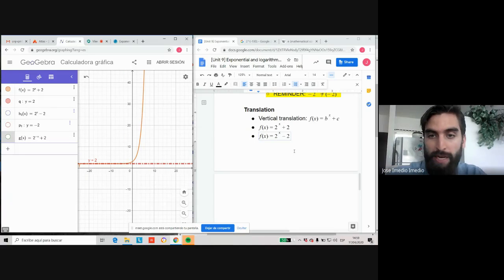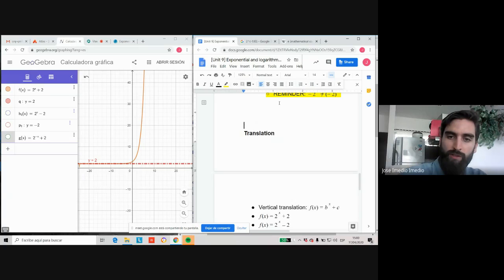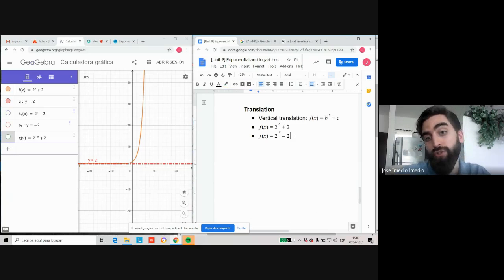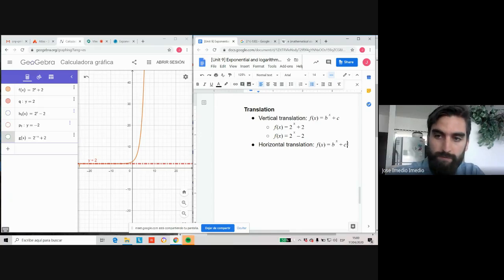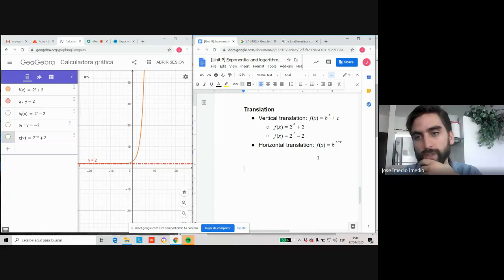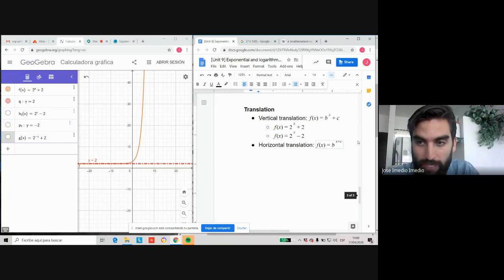And the last thing we're talking about here is the horizontal translation. I'm going to move this here. Horizontal translation happens when I have something added to the x.